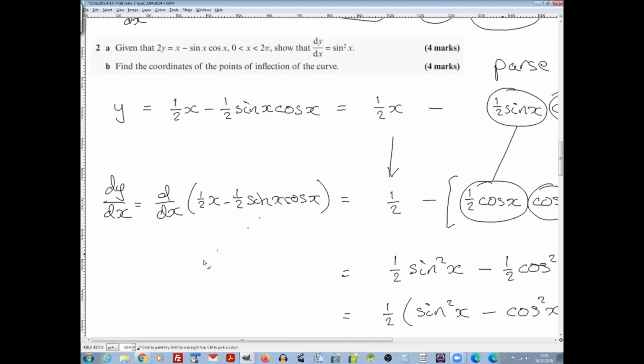And then you're using the second derivative set to zero to find the locations of the inflection points.